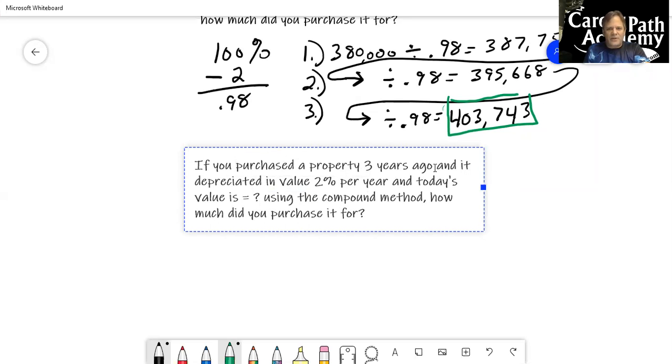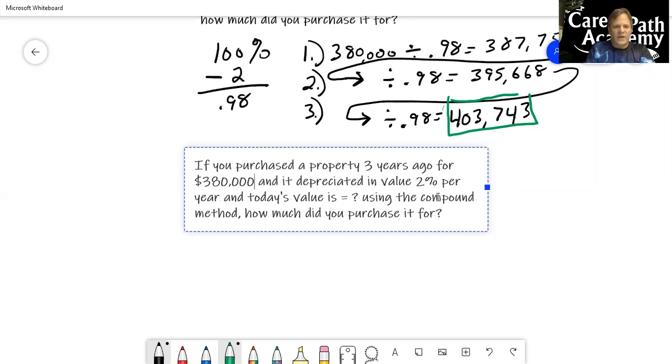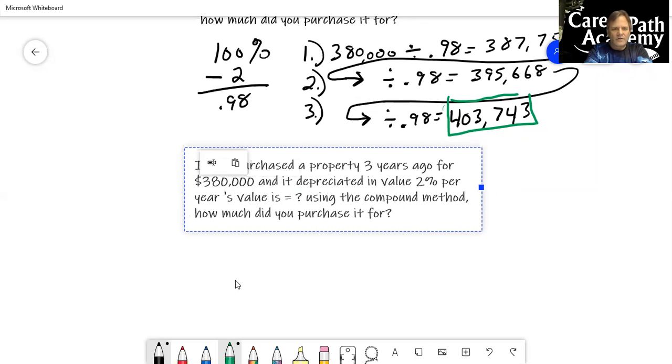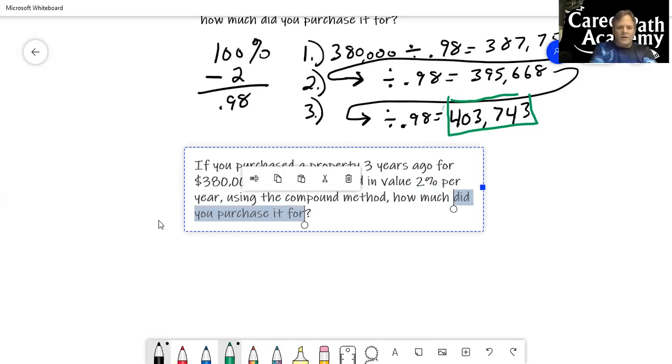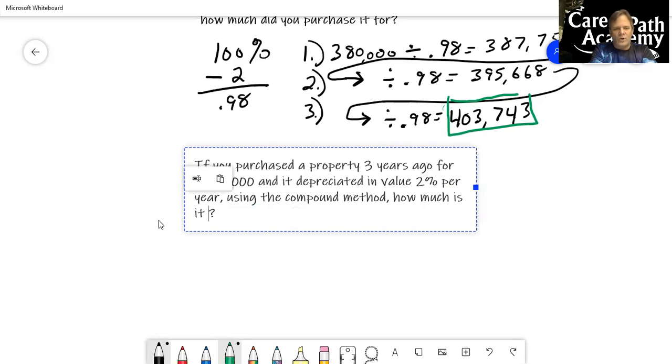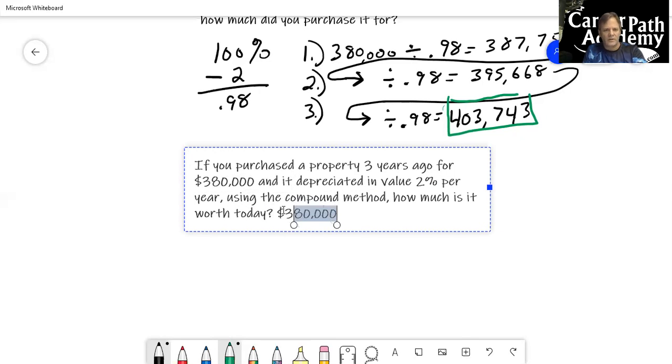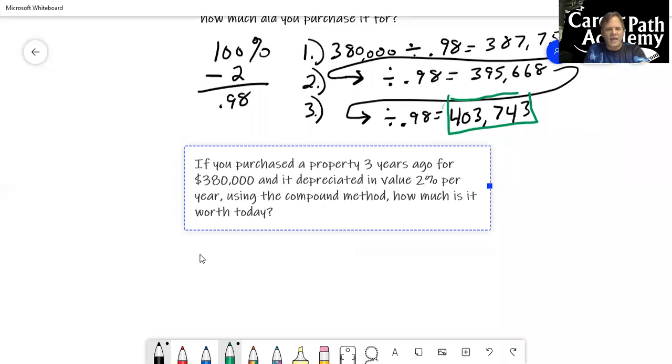If you purchased the property 3 years ago for 380,000 and it depreciated in value 2% per year, using the compound method, how much is it worth today?